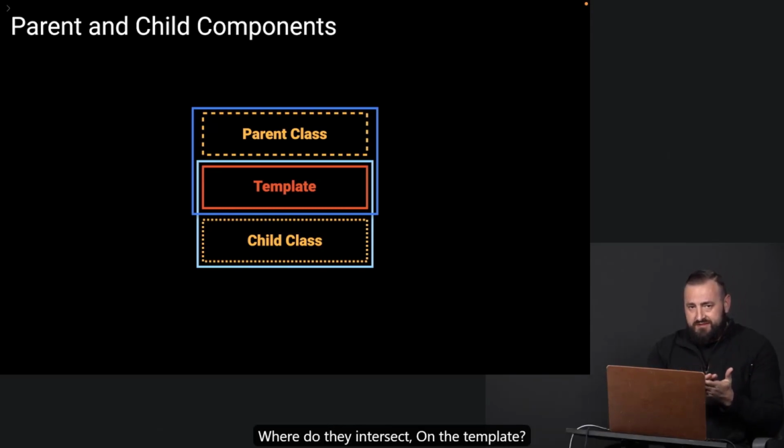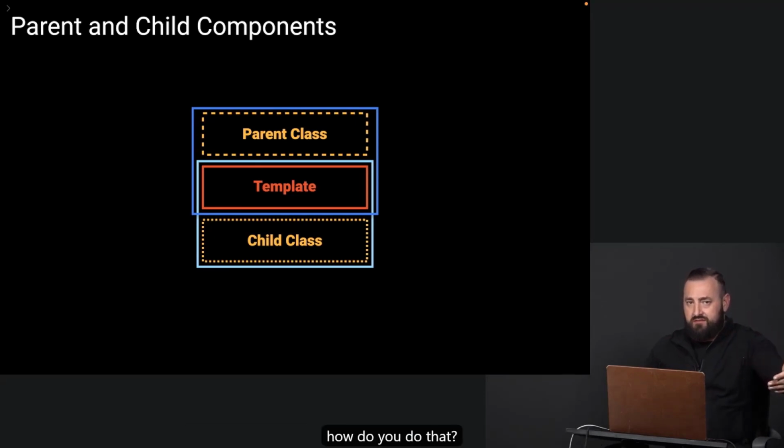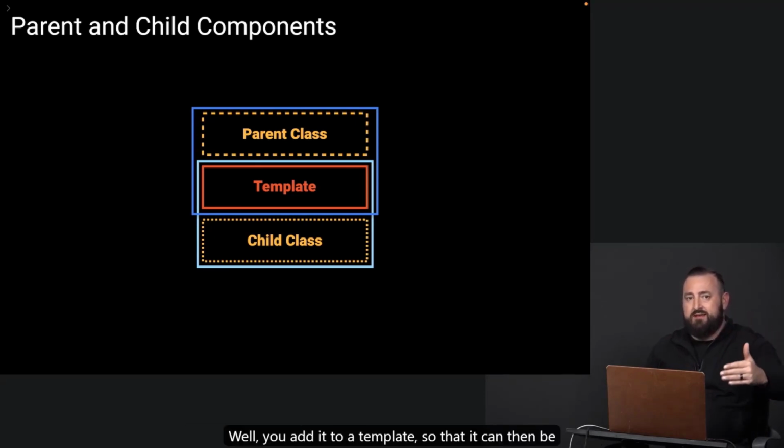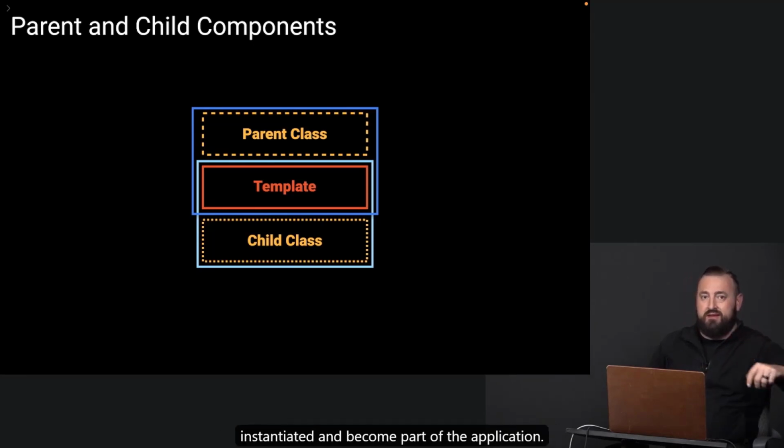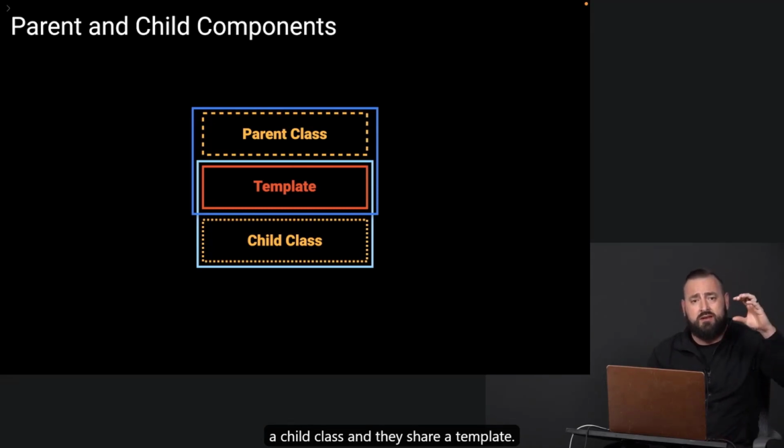Like, where do they intersect? On the template. So if you want to put a component on the page of an application, how do you do that? Well, you add it to a template so that it can then be instantiated and become part of the application. So in this case, we have a parent class and a child class, and they share a template.